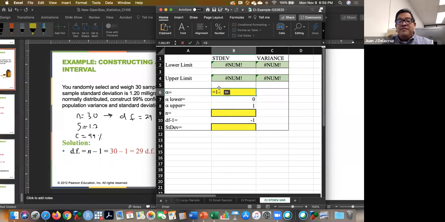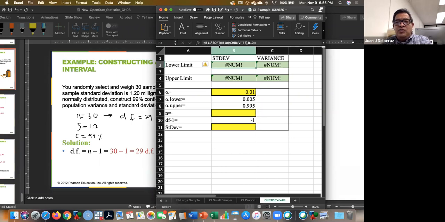Alpha is found by subtracting the confidence level from 1. My confidence level here is 0.99. As you can see, I'm going to find the lower alpha and the upper alpha, so I found 0.005 and 0.995. So we have the values to compute. As you can see here, I have the formula.